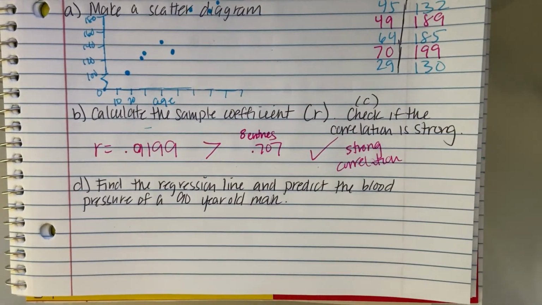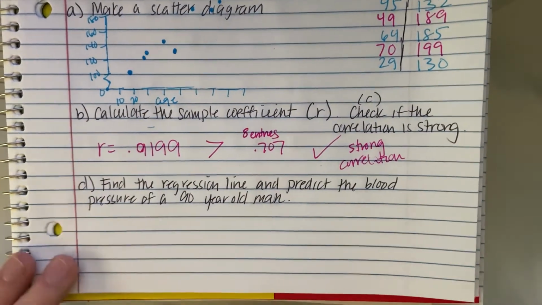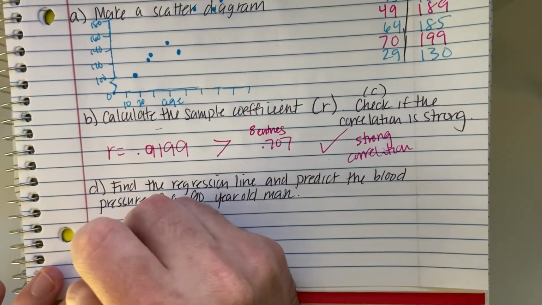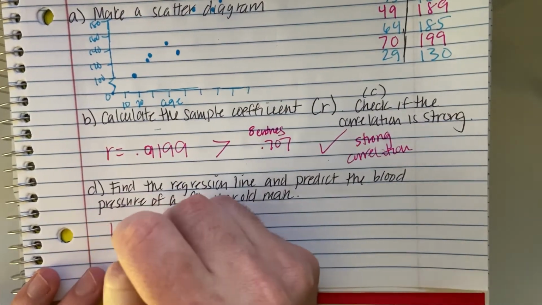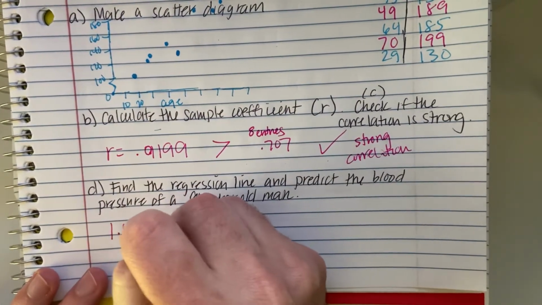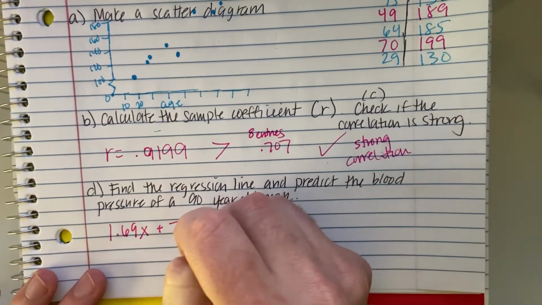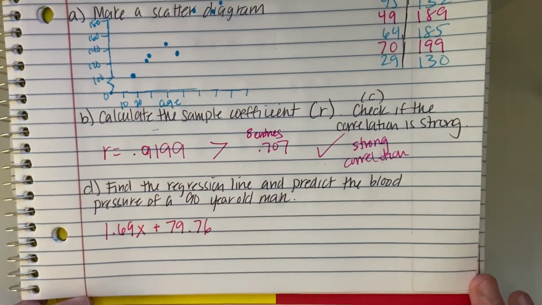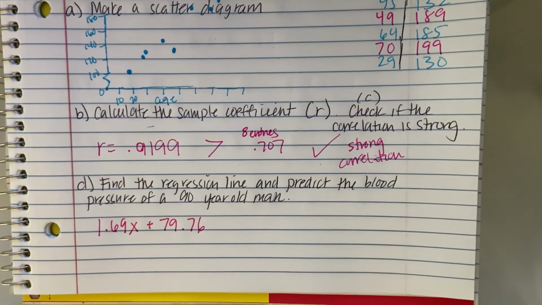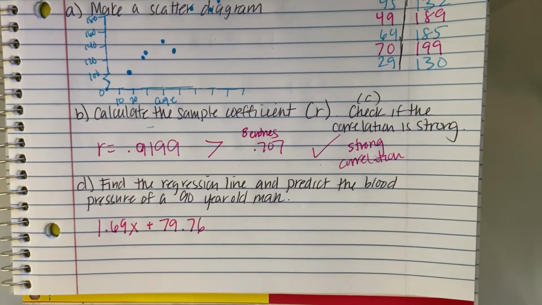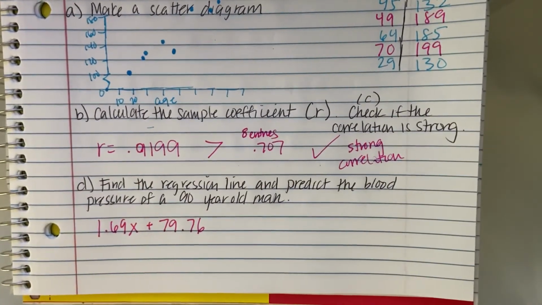We've got an equation of 1.69 times your age plus 79.76. We're going to go to 2 decimal places. So what that means is every year your blood pressure goes up about 1.7.